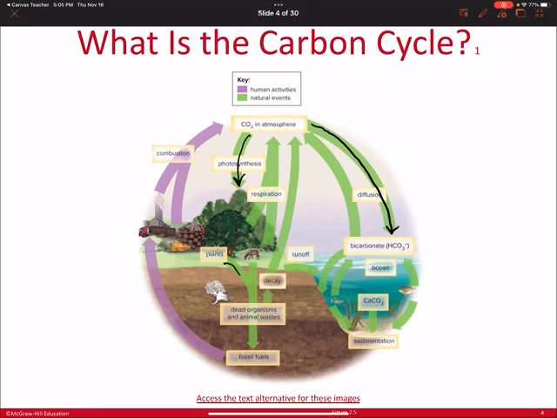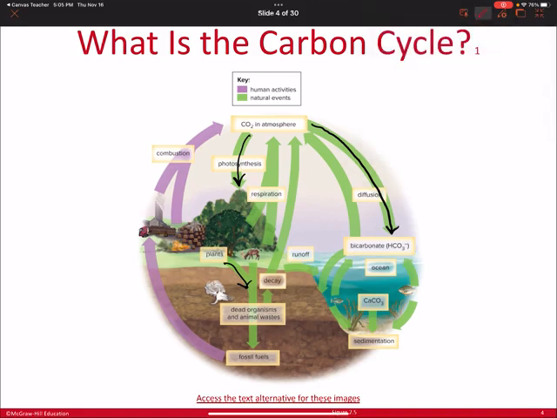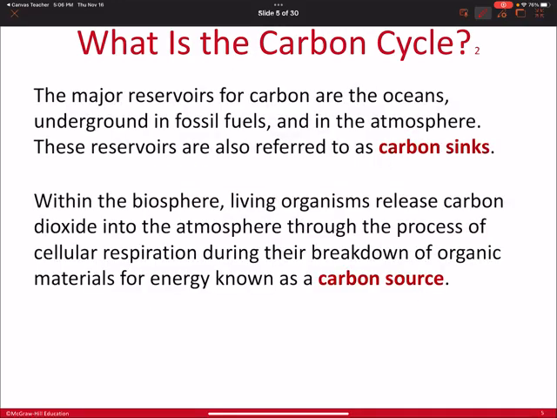Plants, when they die, get buried, and they store carbon in their living material too. And so these are all ways that carbon gets added to the earth. Sorry, I couldn't think of the word.